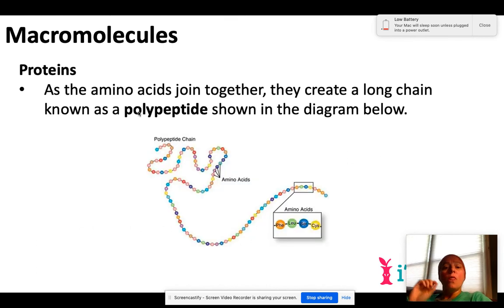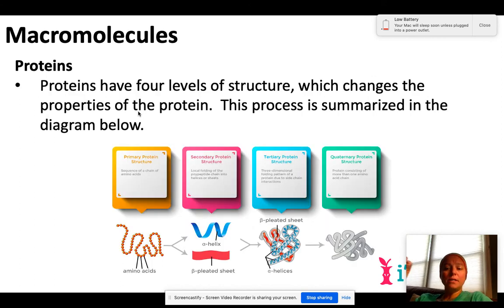And so we're going to have a whole bunch of these peptide bonds on a protein. So sometimes proteins are called polypeptides. And then what happens to this long chain of amino acids that's called a primary structure?